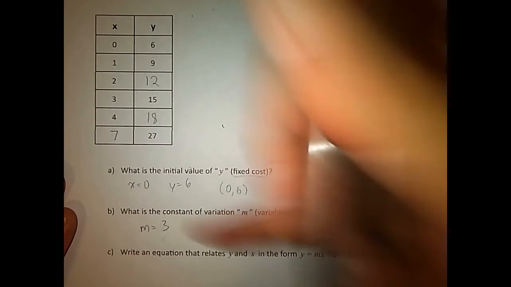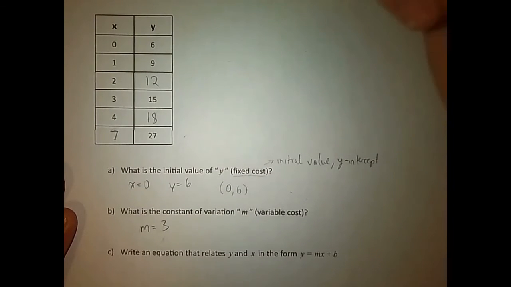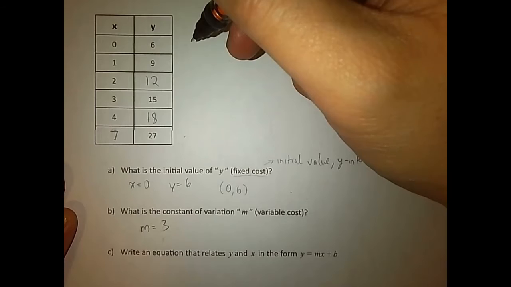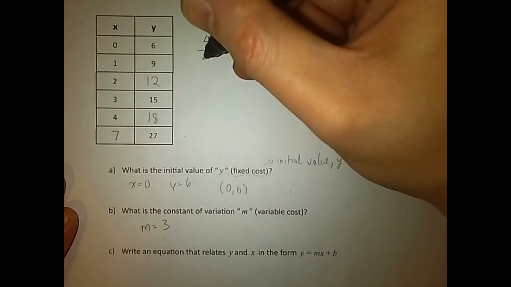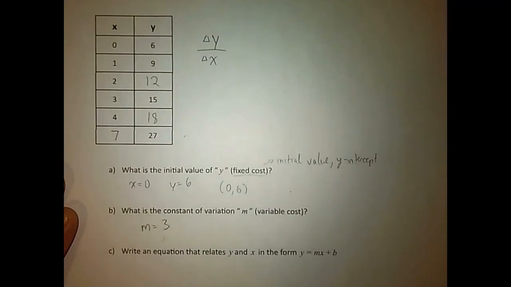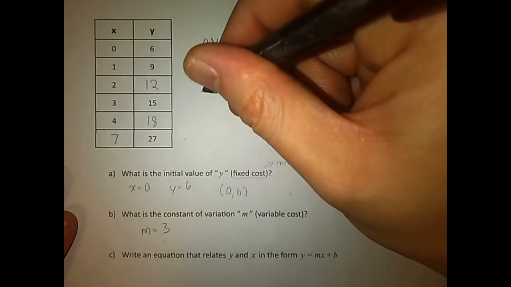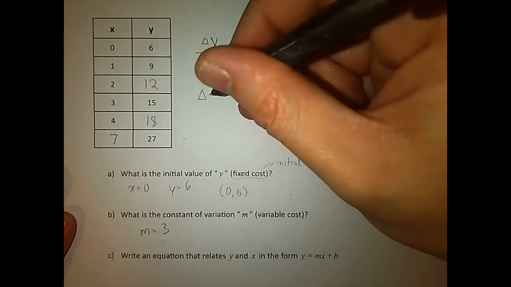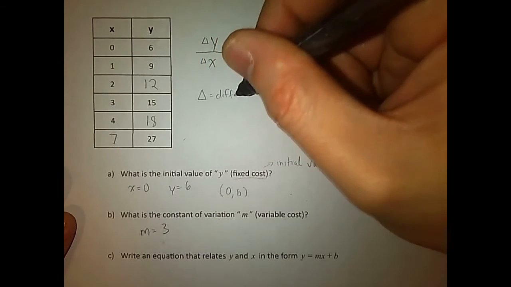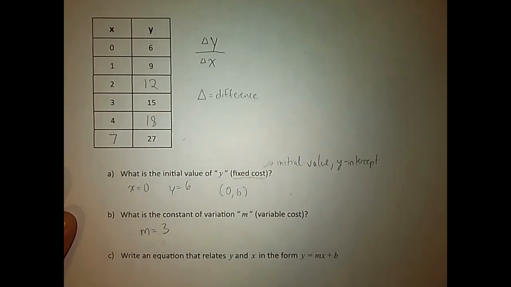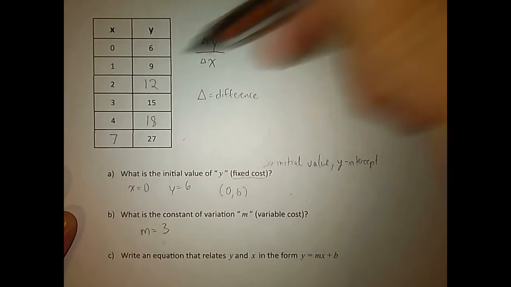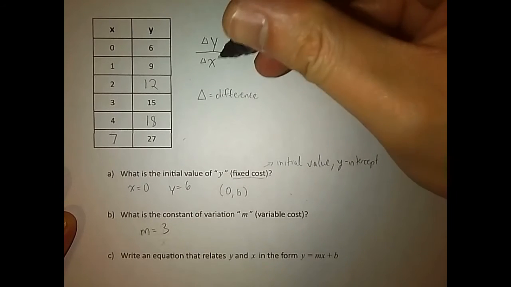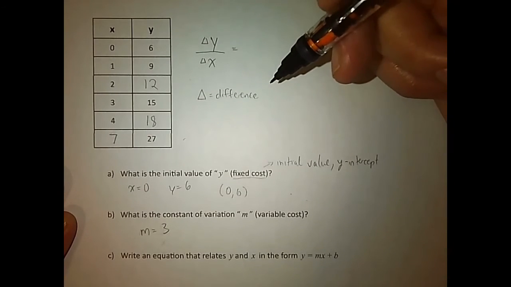Now we also saw another way to calculate this. When we did our review of direct variation, we saw this equation, triangle y over triangle x. The triangle might be a new symbol you're not used to seeing. The triangle actually means the difference. So another way we can calculate this constant of variation is getting the changes or the differences in the y values and dividing that by the differences or the changes in the x values.